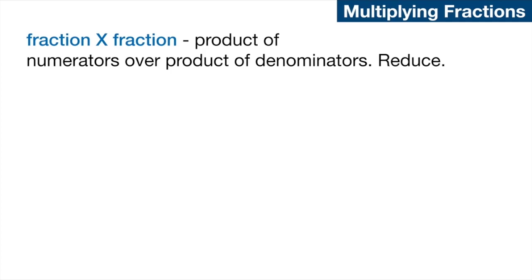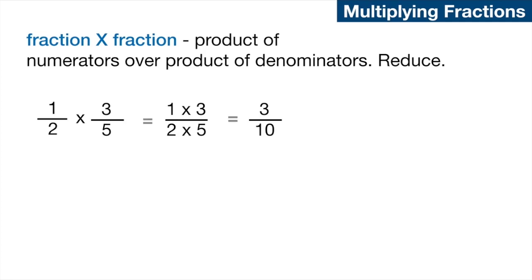Now if we want to multiply fractions, so a fraction times a fraction, we take the product of the numerators over the product of the denominators and reduce. So 1/2 times 3/5 is equal to 1 times 3 over 2 times 5, which is equal to 3/10. So we simply multiply the tops and we multiply the bottoms, and then we reduce.